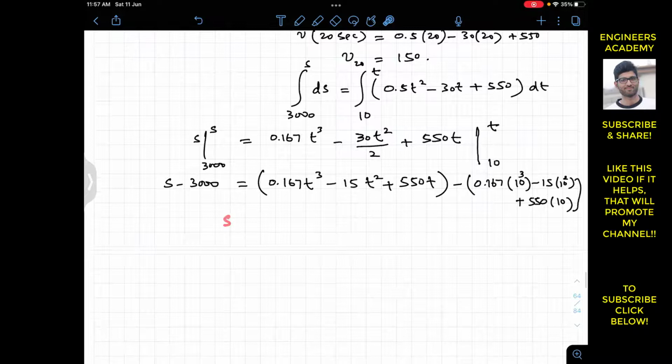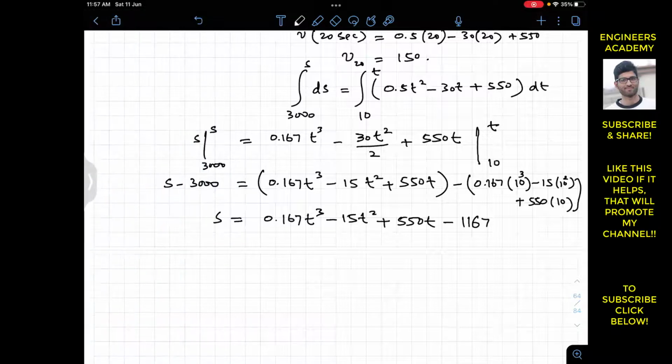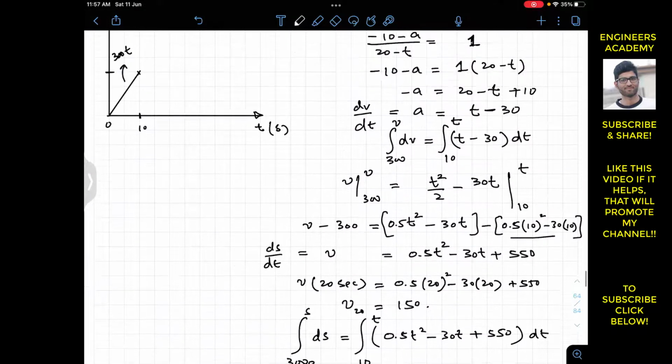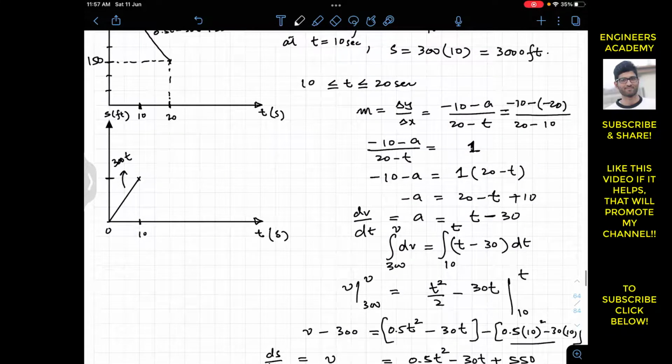So s as a function of time is equal to 0.167t to the power 3 minus 15t² plus 550t minus 1167. We get 1167. So this is s as a function of time for the interval t equals 10 to 20 seconds.